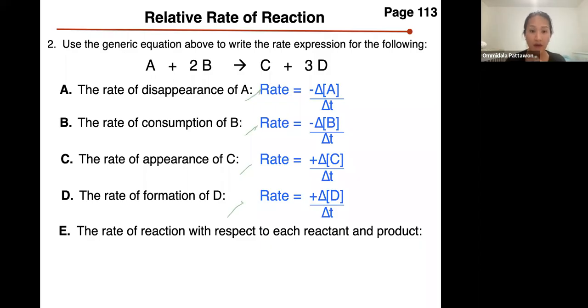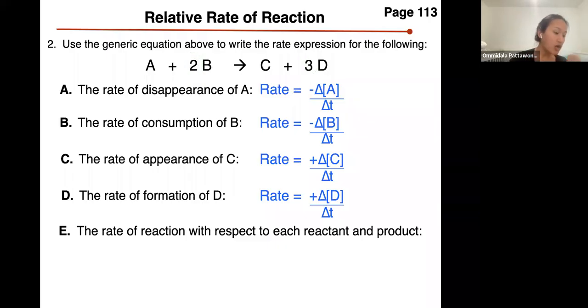If you're looking at the rate of the overall reaction, you will need to take into account the coefficient, because each of these species undergoes change at a different rate, since the coefficients are different. So when you're looking at the average rate of reaction, it has to be per 1 mole of the reaction. So in this case, the rate of the reaction has to be per 1 mole of reaction, which means you will need to take into account those species that have more than 1 mole.